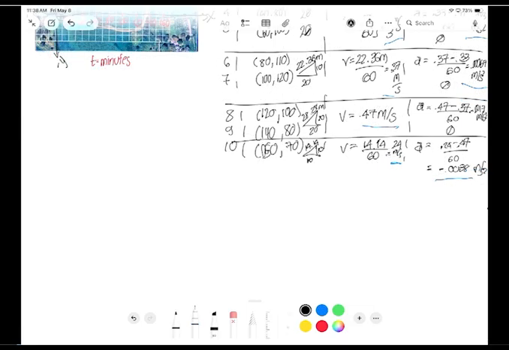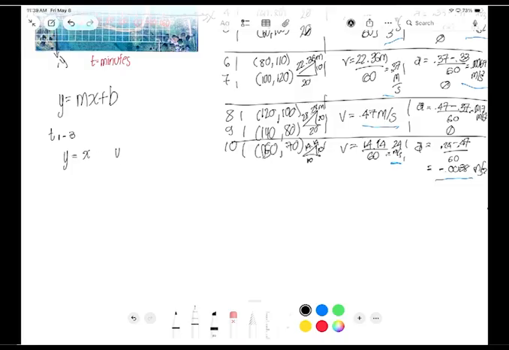So we know that y equals mx plus b. And so what happens right there is that we can do the following. We have that for T1 through 3, y was equal to x because we were going through the origin.